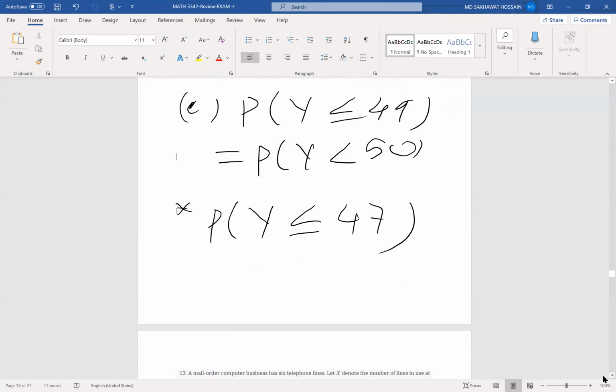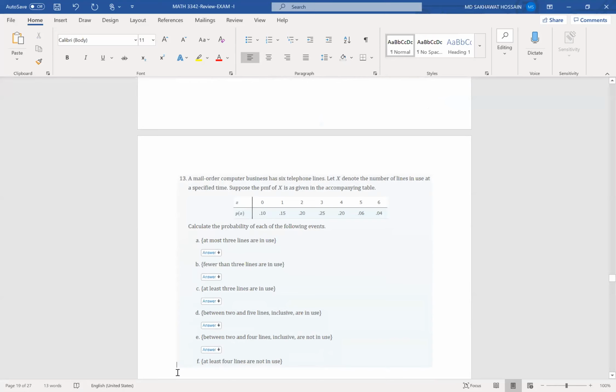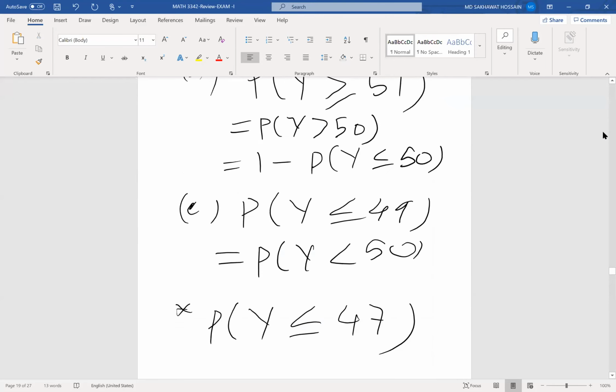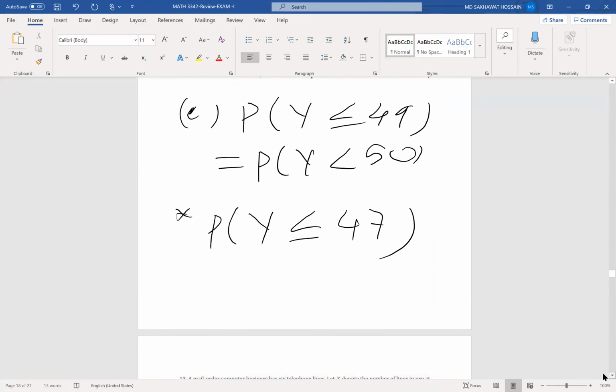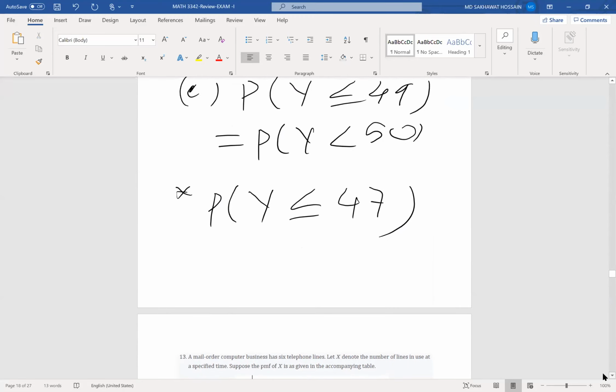Okay, so now I am asking you a follow-up question for this one. So you have to answer these questions. If you are the sixth person on the standby list, then what is the probability that you will get on the flight if you are the sixth person?